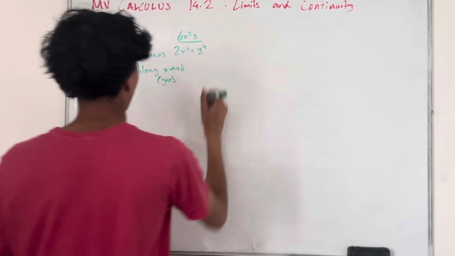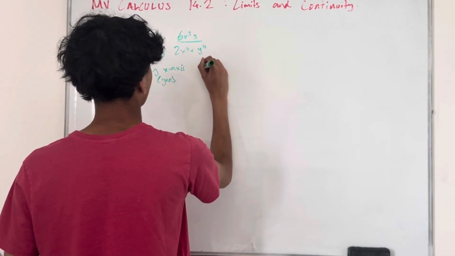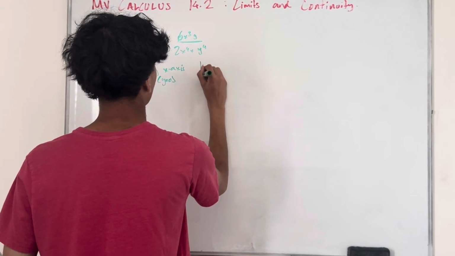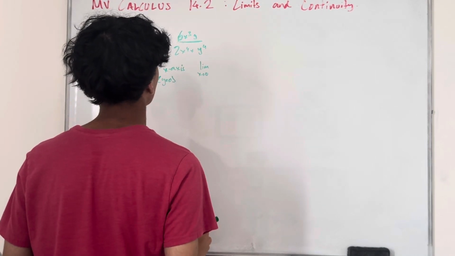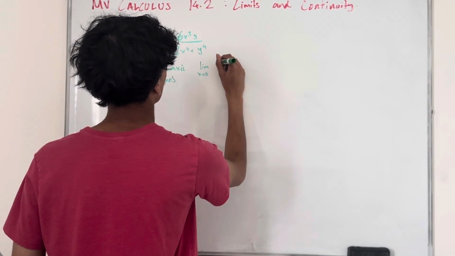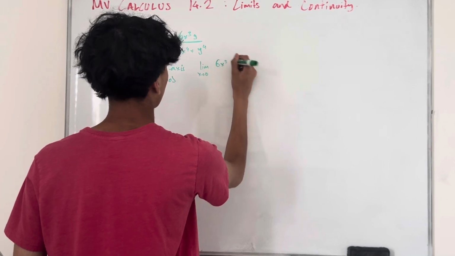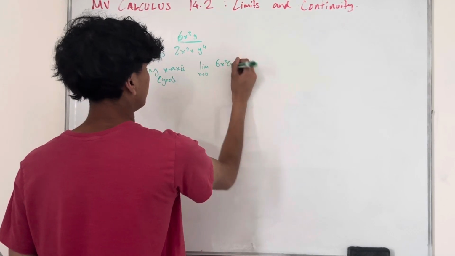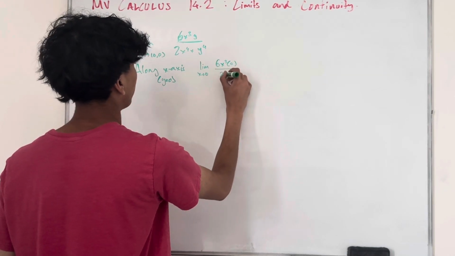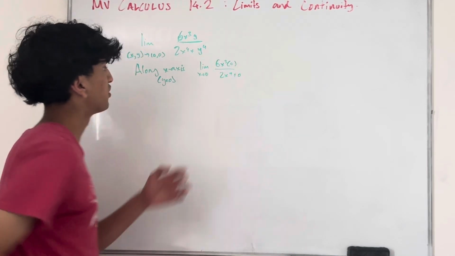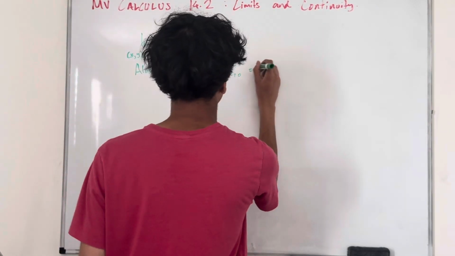As you're taking the limit as x approaches 0, you're doing 6x cubed times 0 over 2x to the fourth plus 0. Well, you have a 0 on top over some number, so this limit will just evaluate to 0.